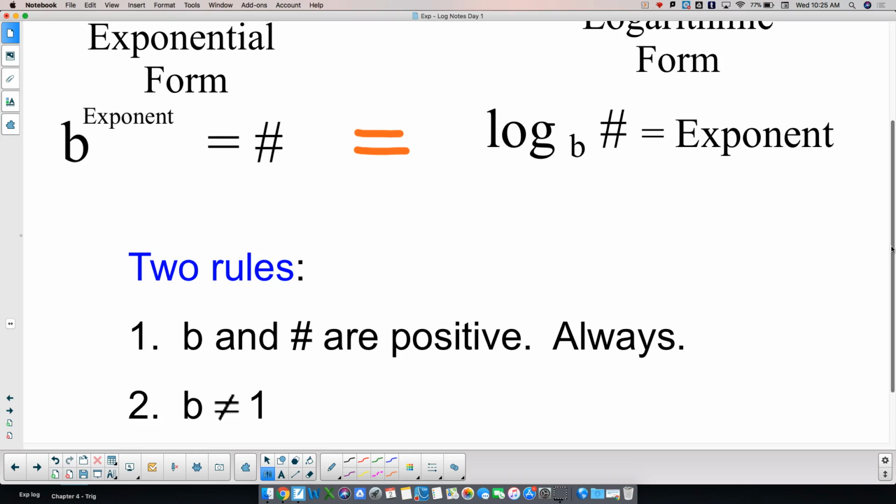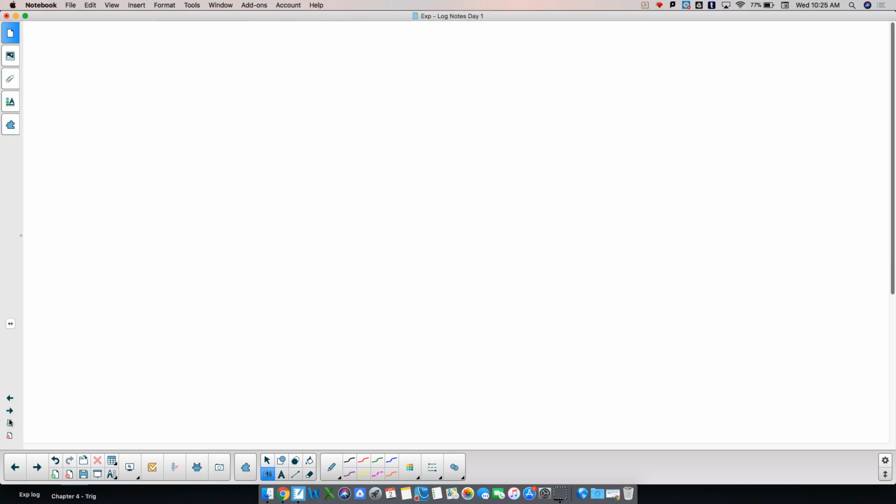Part of your homework this evening, sorry I lied to you, I made a homework sheet today, is you're going to switch forms with them. So I'm going to put up a true statement here: log base 7 of 49 equals 2. That's a true statement. Log base 7 of 49 does equal 2, because logs find exponents.